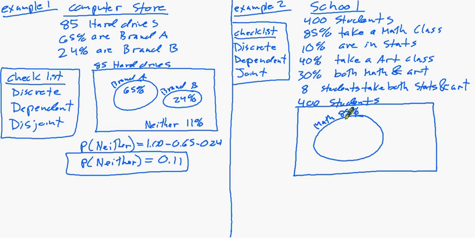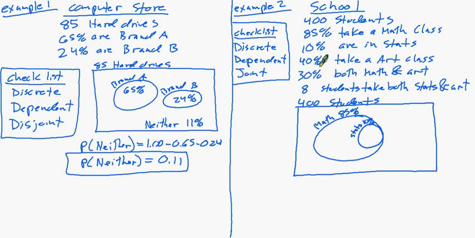Now, the interesting thing here is stats, 10% in stats. Well, stats is a math class. So all of the stats circle is within the math circle. Here we have stats, which is 10%. So what percentage of math students aren't taking stats? Well, you subtract to get 75%.